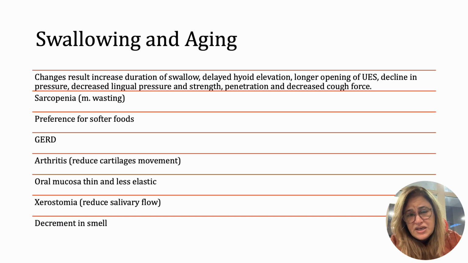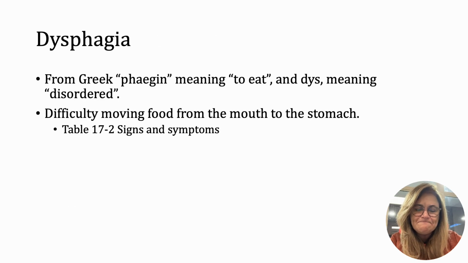Xerostomia may be happening, with really thick saliva or very dry mouth, and of course the senses are diminished or decreased due to aging, so smell and taste will be reduced. That's something we call presbyphagia in many places, like presbyacusis for hearing loss related to aging, so presbyphagia in relation to swallowing.